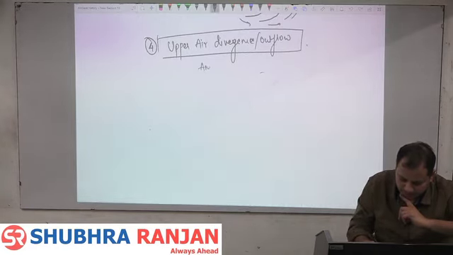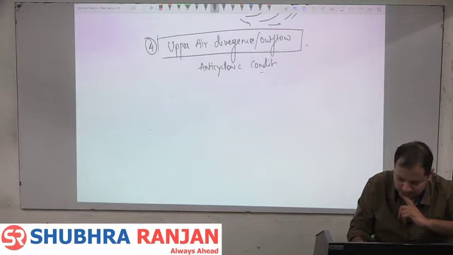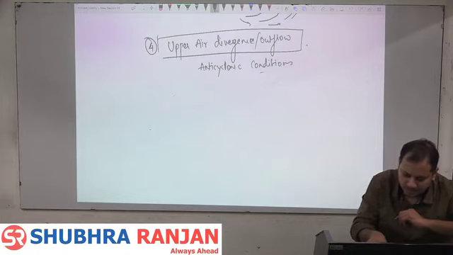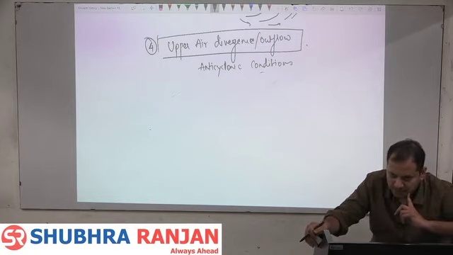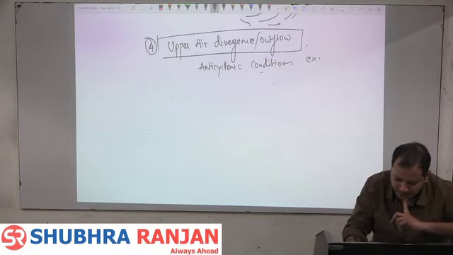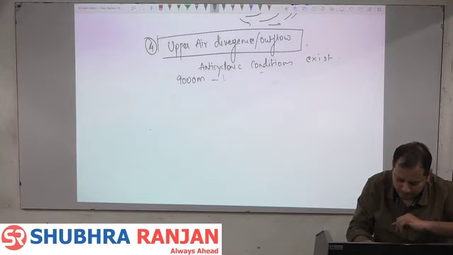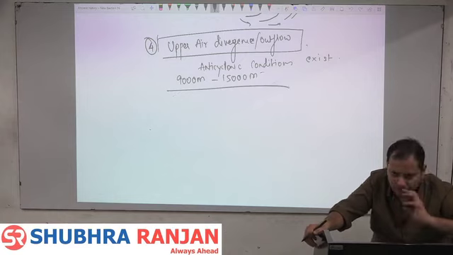In this, anticyclonic conditions must exist at the height of, you can write in any manner you want, 9 to 15 kilometers or 9,000 to 15,000 meters, and underline this.